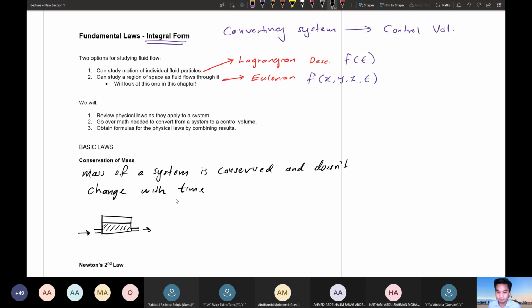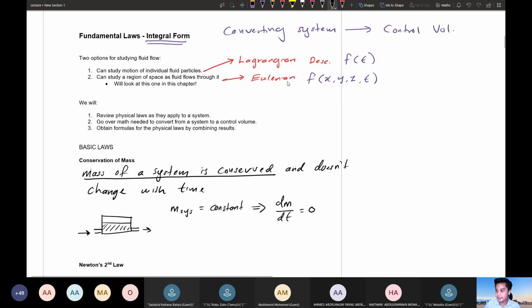So the mass of the system is constant. We can write it this way: the differentiation of mass over time equals 0. That means it is under steady state. This is the conservation of mass: the mass of the system is conserved. You need to remember this.